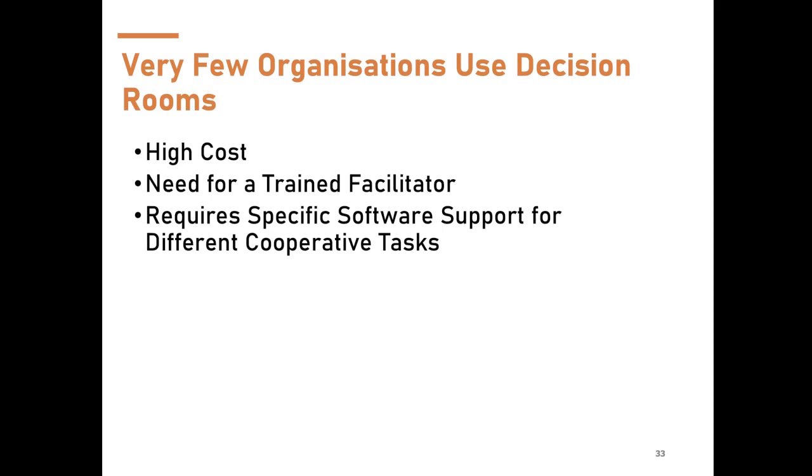So those tasks are very different. Could be data analysis, it could be brainstorming, and so customizing and integrating those tasks in the software can be complex and again costly.